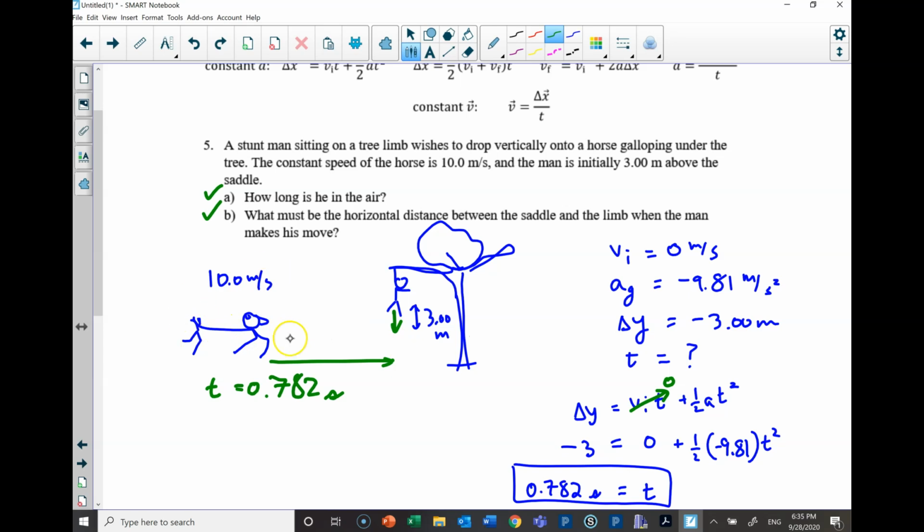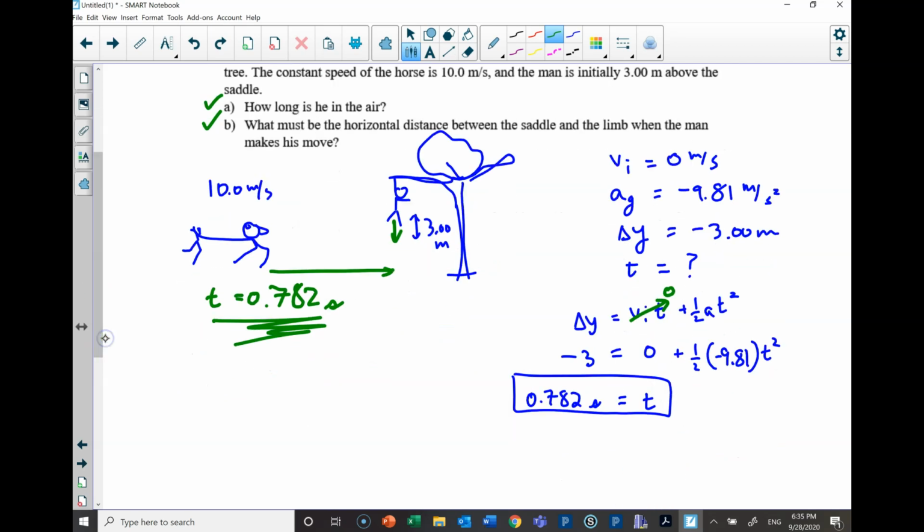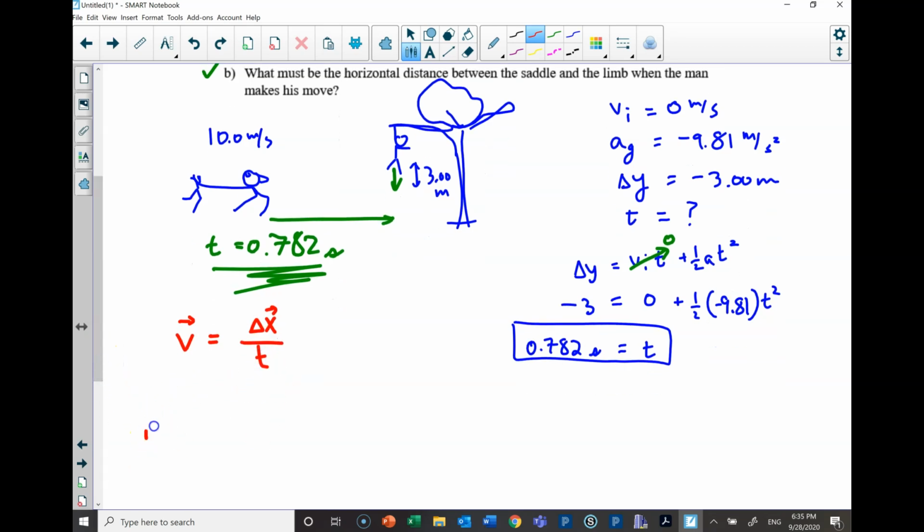So how far will the horse travel forward in this amount of time? How much distance must there be between them to line it up perfectly? Well, the horse has a constant speed, so we use the constant velocity equation for the horse. The horse's velocity is 10.